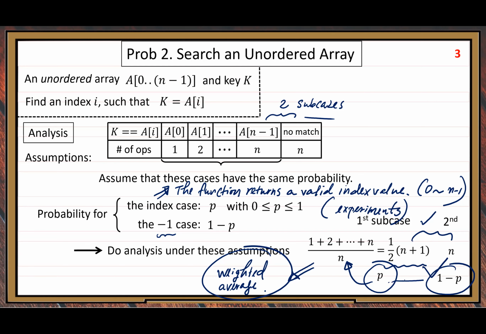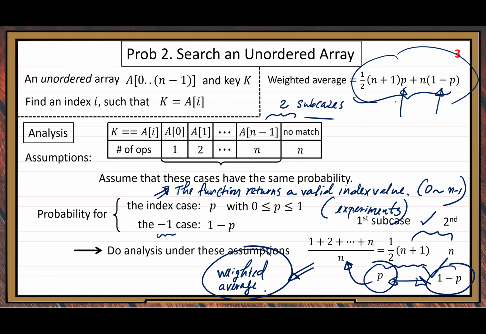We treat these two probability numbers as two weights when we do the weighted average. The final answer, the weighted average: the first number, we multiply by its corresponding weight, that's P, the probability. For the second efficiency number, we multiply by its corresponding weight, 1 minus P. So the final answer is this expression.